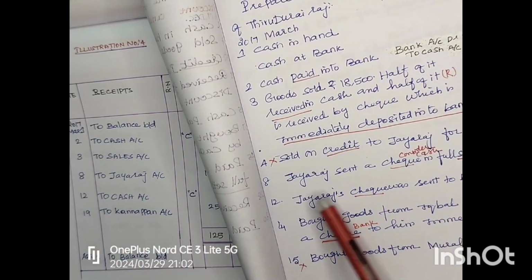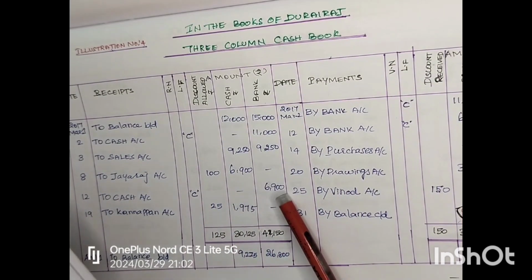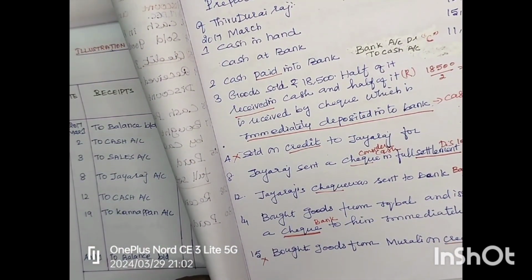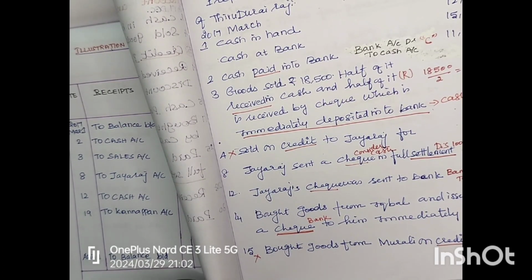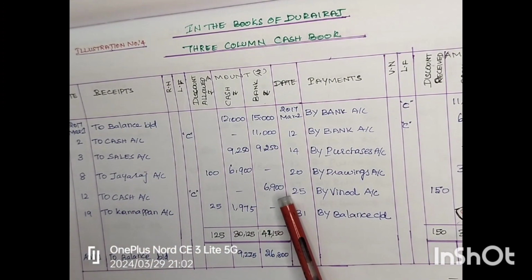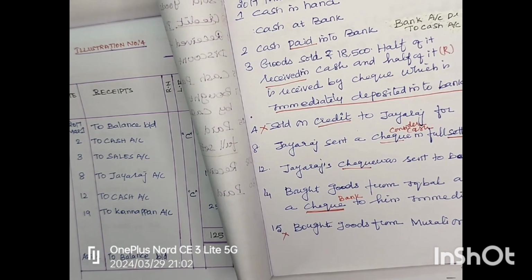Then, to cash account. Where is bank? Bank is on debit. So how many rupees do you enter? 6,900 rupees on the bank column, because bank account debit means you enter that amount, 6,900 rupees, on the bank column. Then, this is the contra entry, so you go to the credit side and enter the same 6,900. Listen carefully. You already entered it in the bank column on the debit side.